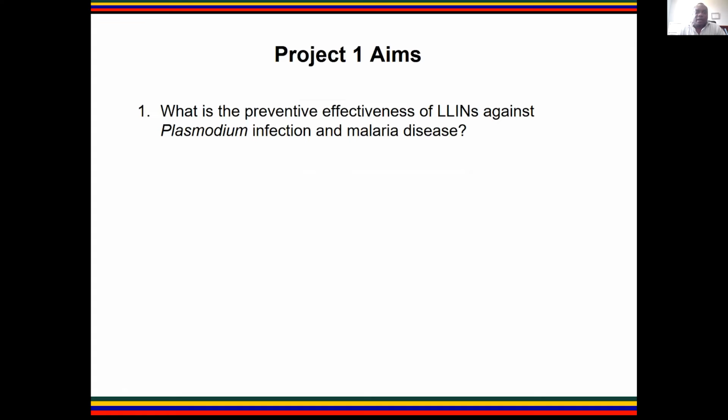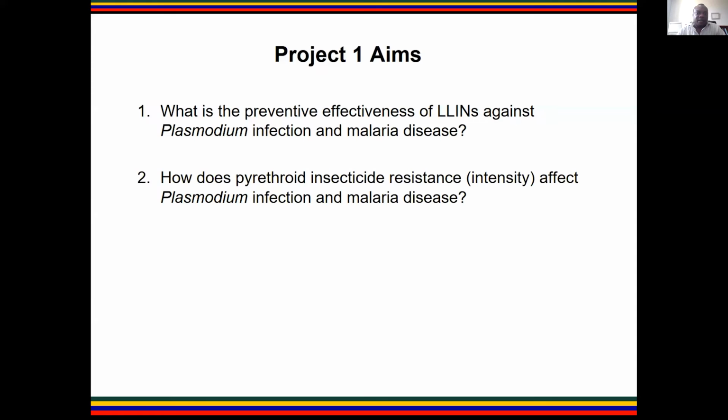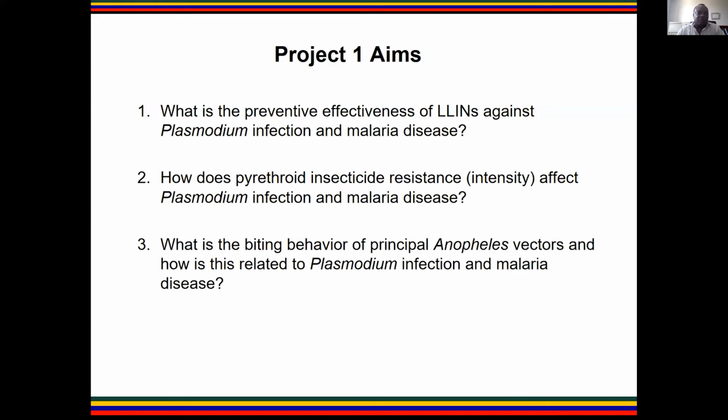So based on these findings, the ICMA 2 project, specifically for ICMA 1, was interested to look at what is the long-term effectiveness of bed nets against malaria infection and disease, and secondly, how does the developing insecticide resistance affect the disease prevalence and also Plasmodium infection?